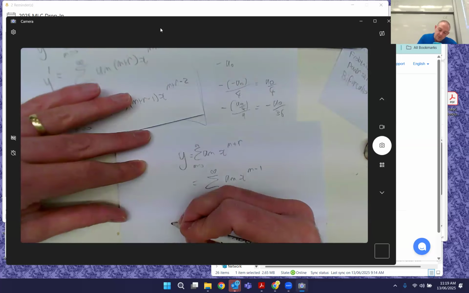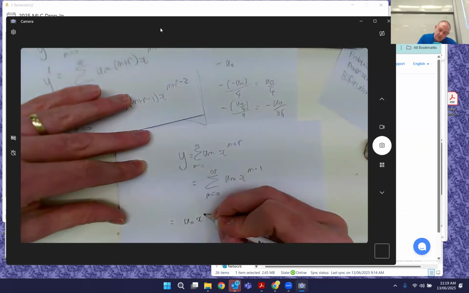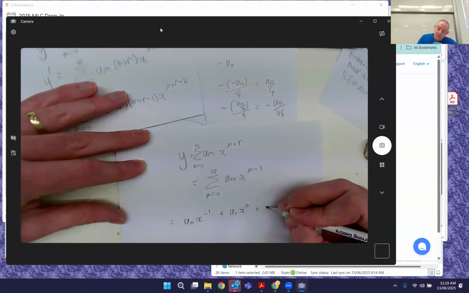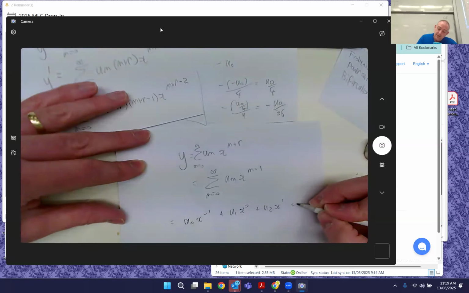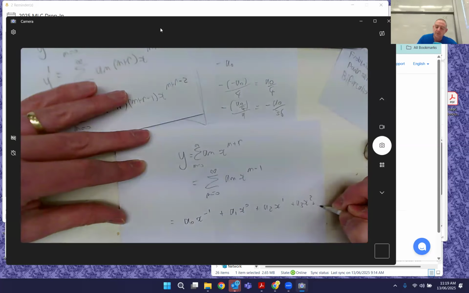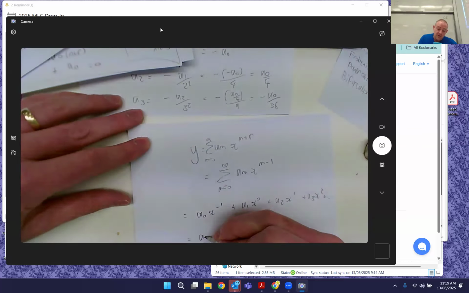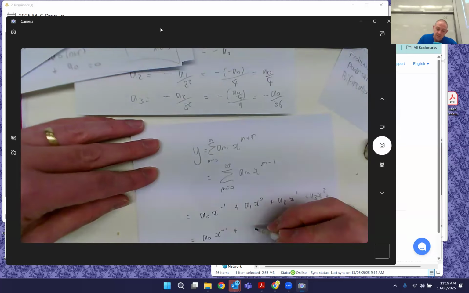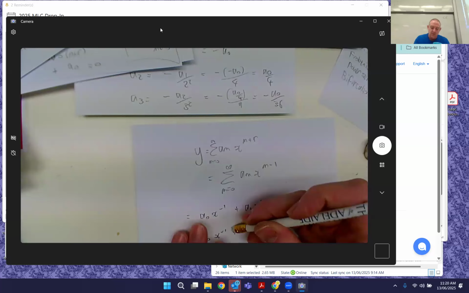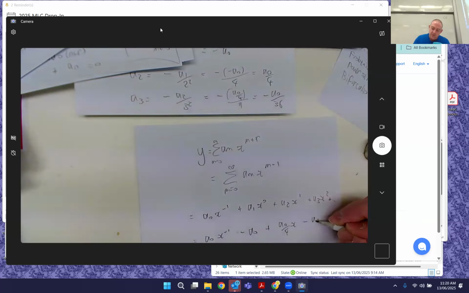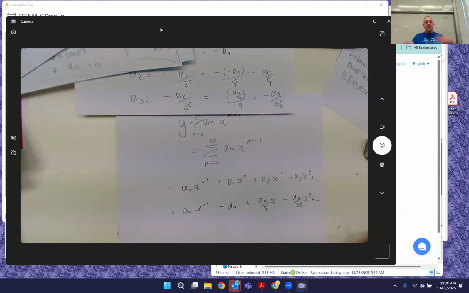And so when we get m equals 0, we've got a_0 x to the minus 1, and a_1 x to the 0, and a_2 x to the 1, and a_3 x squared, and so on. And we have just figured out what the first several ones are. So we have a_0 x to the minus 1 plus, so minus a_0 times x to the 0 plus a_0 on 4 x minus a_0 on 36 x squared, like that. And so that's our solution.